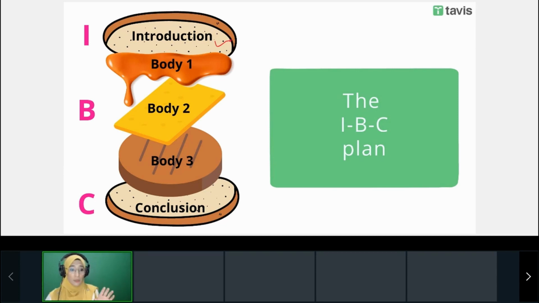And when I was talking about the sauce, the cheese, and the patty, this is what you call the body. Maybe some of you will call it the content, but I call it the body, just to differentiate from the C here. So you have your body for your burger. Just imagine the essay is your burger.